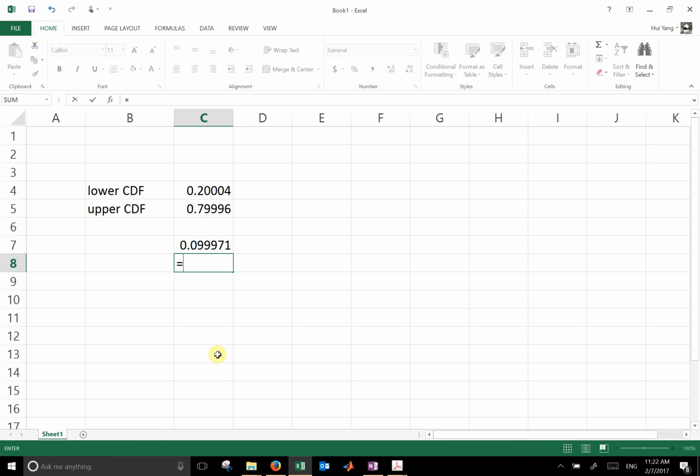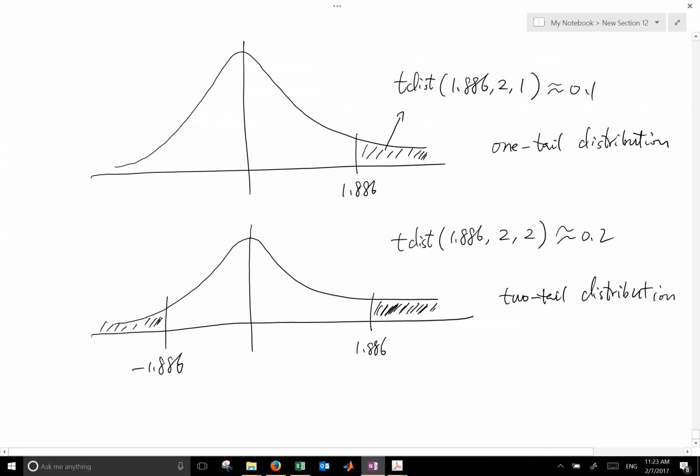Now let's try 1.886 with 2 degrees of freedom and the two-tailed distribution. It's about 0.2. This one doubles. Why? Because we not only check one side; this one is only one side, the one-tail distribution. The two-tail one gives me the symmetric mirrored part, and then adds these two together. That is the two-tailed distribution.